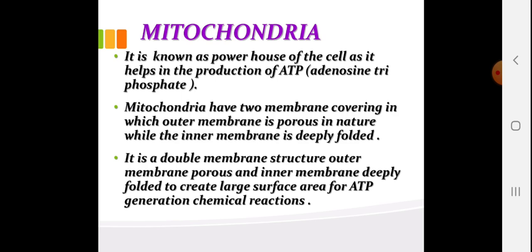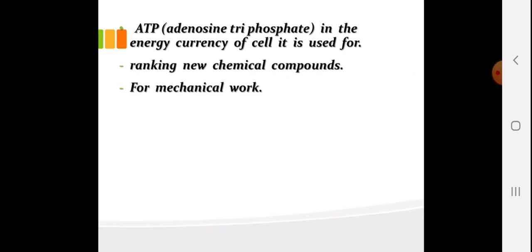Mitochondria have two membranes, in which the outer membrane is porous in nature, while the inner membrane is deeply folded. It is a double membrane structure, with the inner membrane deeply folded to create a large surface area for ATP generation and all the biochemical reactions.